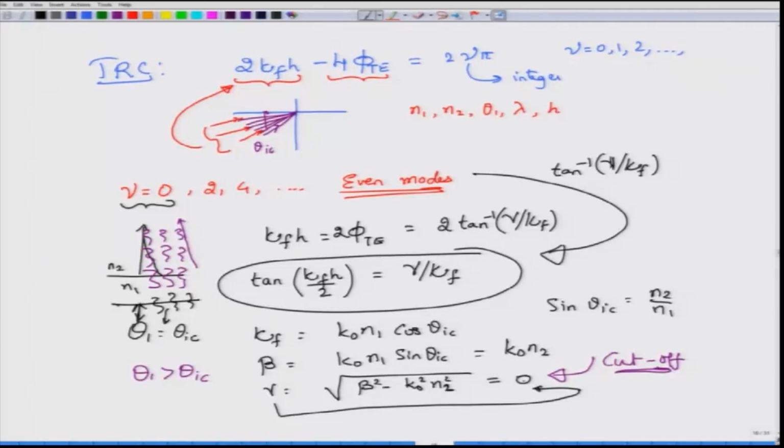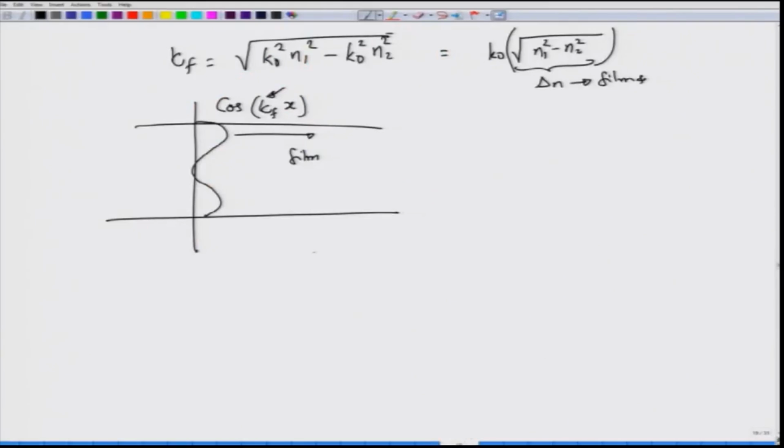Now, if I substitute the cutoff condition into the transverse resonance condition for even modes, which I have written out here, you would find a very interesting expression: tan kappa f h by 2 will be equal to 0. I will write CO to denote that this is the cutoff that we are considering.